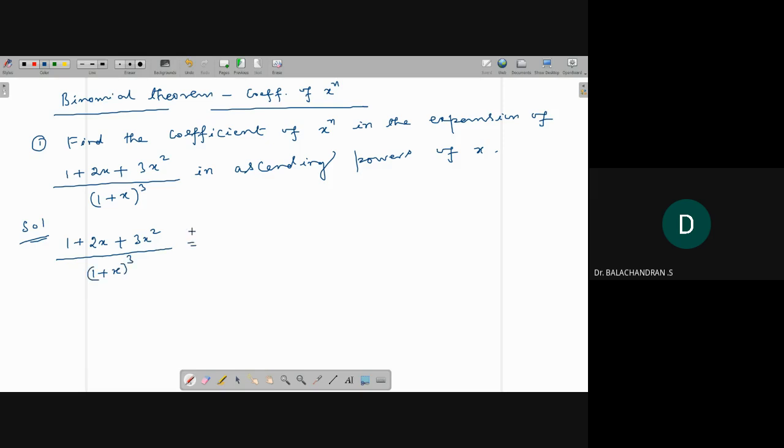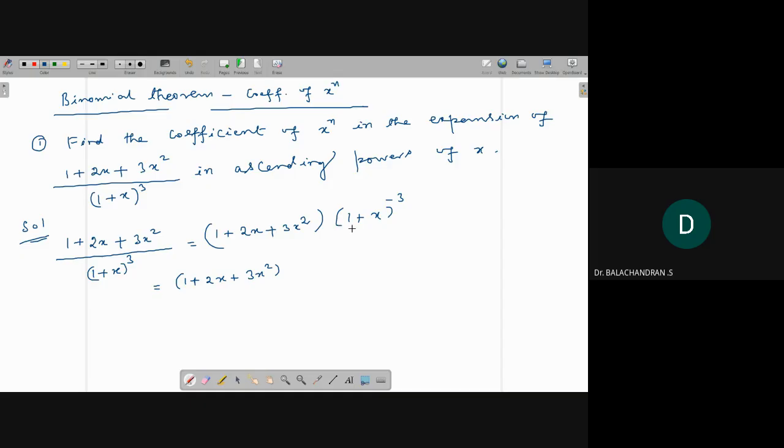So I will write this is equal to 1 plus 2x plus 3x square, and I will write 1 plus x whole cube in the numerator as 1 plus x whole power minus 3.